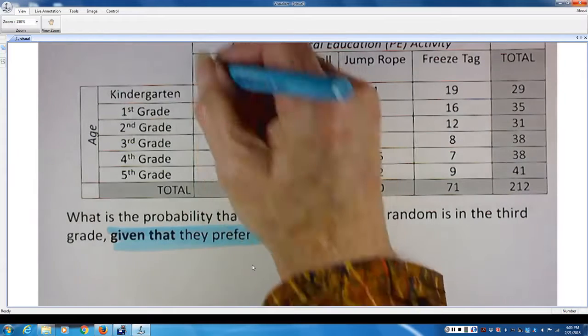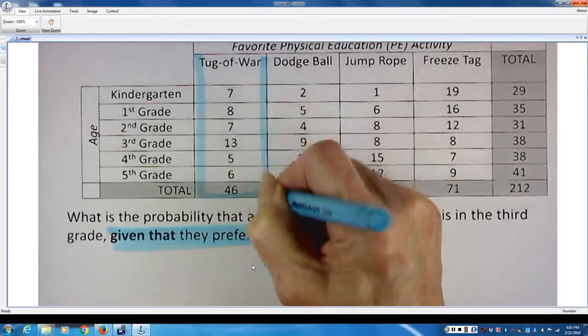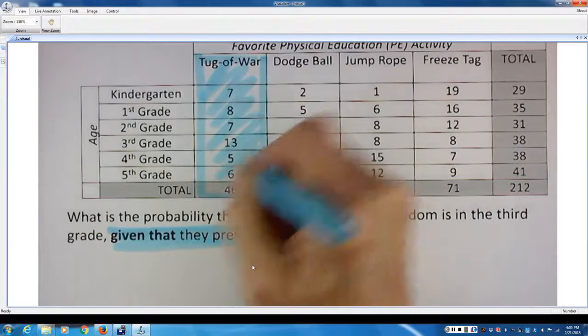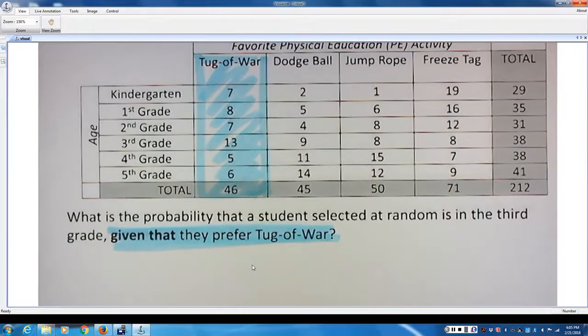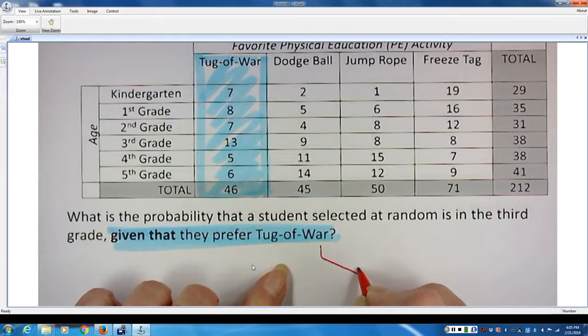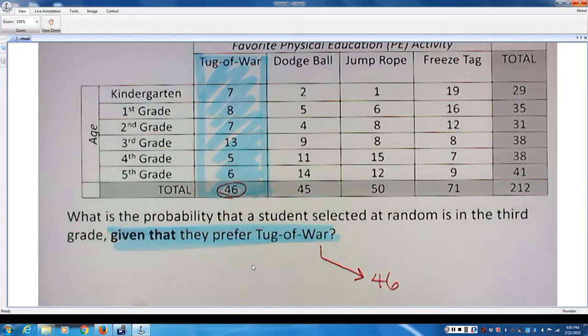In the tug of war column. The rest of that table might as well not even exist when I'm trying to answer this question. And that's 46 kids.